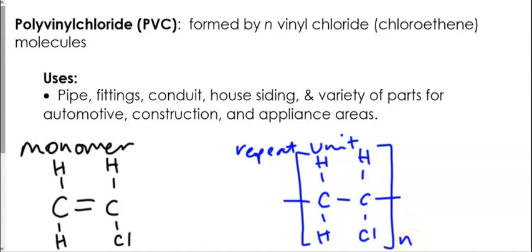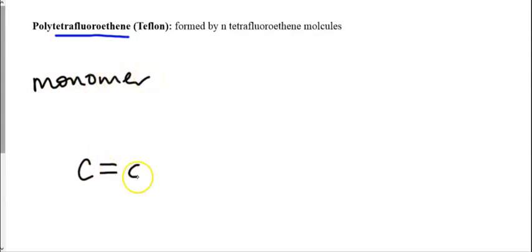The last one to talk about is Teflon, polytetrafluoroethene. Think about what tetrafluoroethene means. Tetra means 4, fluoro means fluorine, and you've got ethene. So your monomer would be ethene, and with 4 fluorines, that's fluorine where you had all the hydrogens before.